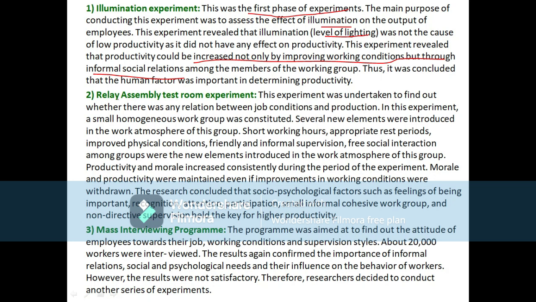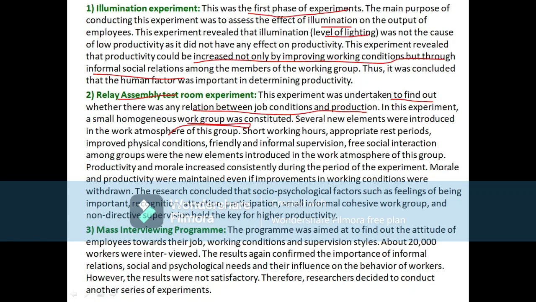Then the relay assembly test room. This experiment was undertaken to find out whether there was any relation between job conditions and production. Here it is job conditions and production, not light. In this experiment a small homogeneous work group was constituted. In that organization, a group of people were picked, and several new elements were introduced in the work atmosphere, like short working hours, not more working hours.